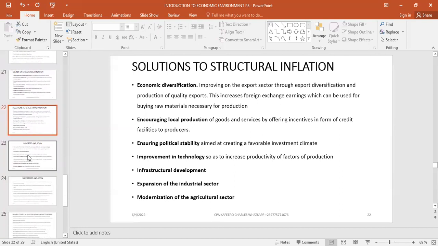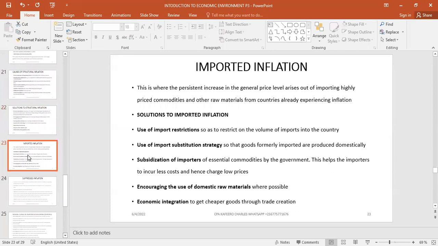Allow me to talk a little bit about imported inflation. This imported inflation is where the increase in the prices of goods and services arises as a result of importing items or materials from countries which are already experiencing inflation.